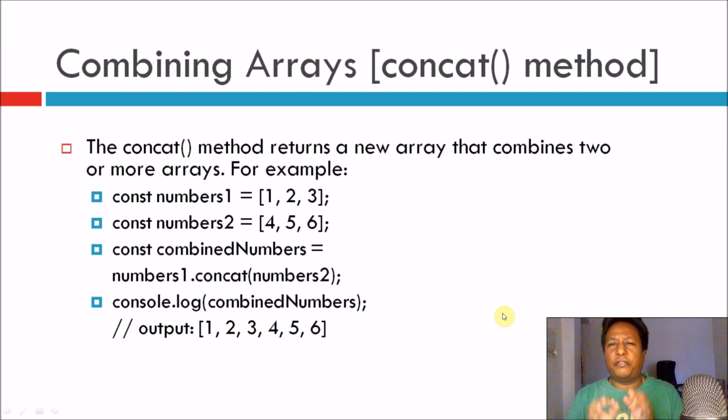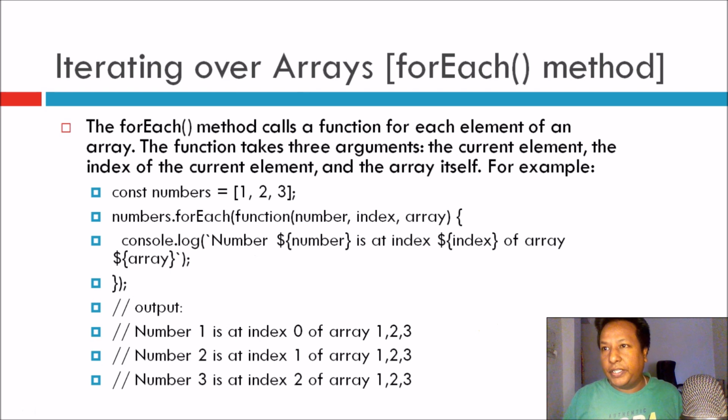These methods are very useful. Now, another one of the most used methods is the forEach method. Using the forEach method, you can iterate over arrays. Suppose you have an array 1 2 3, and you want to do some operation with each and every element of the array, you can use the forEach method.